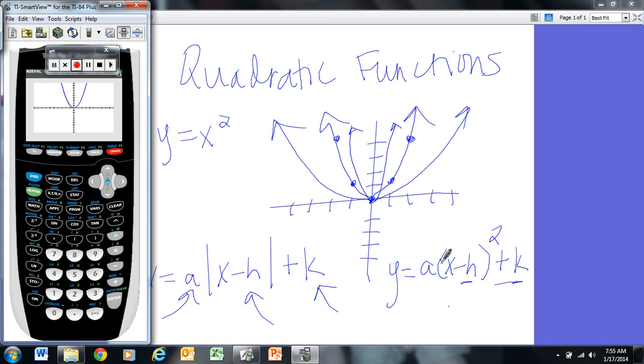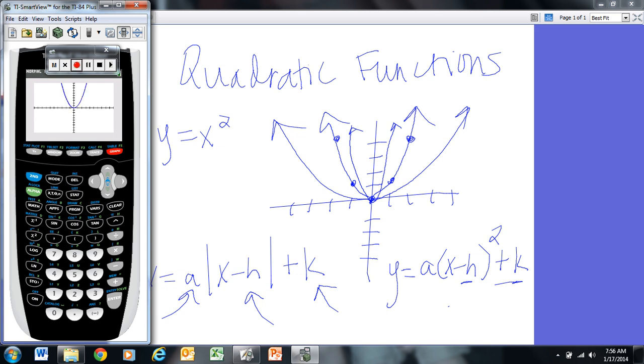So there's the original, and there's the new. Alright, and the same thing goes for if I put in x plus 4, it would move to the left. The only other thing that could change is if you take x squared and you add or subtract a number. So for instance, this is now going to move the graph down 3 units.